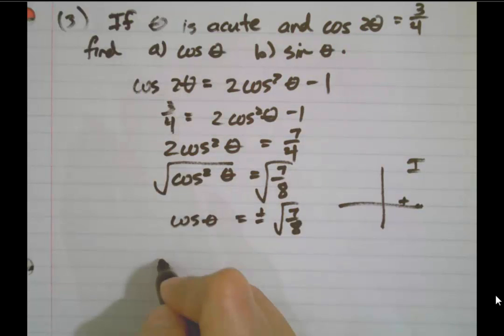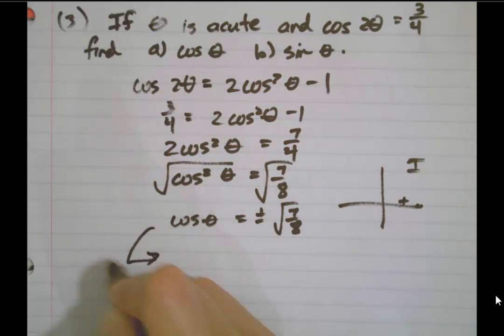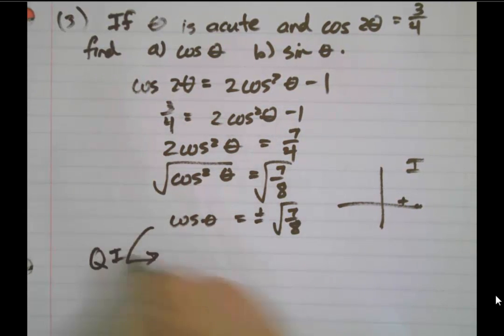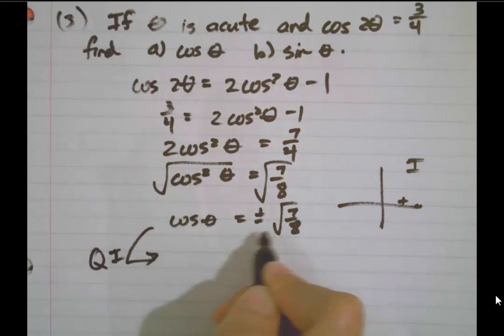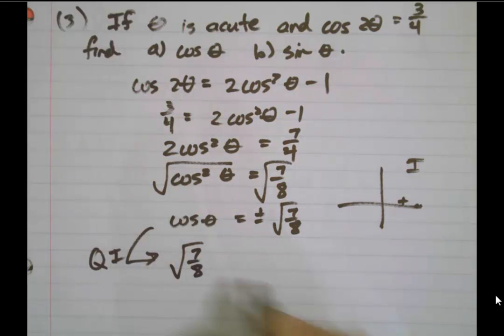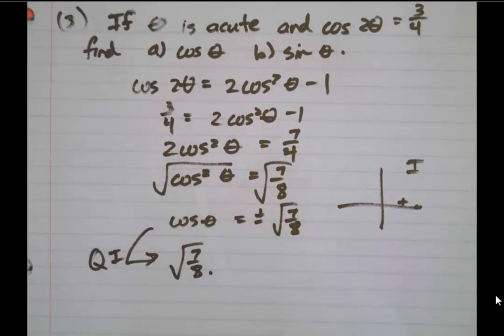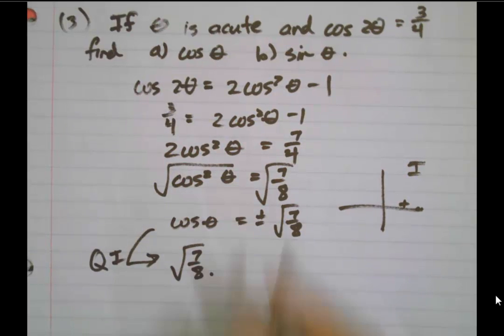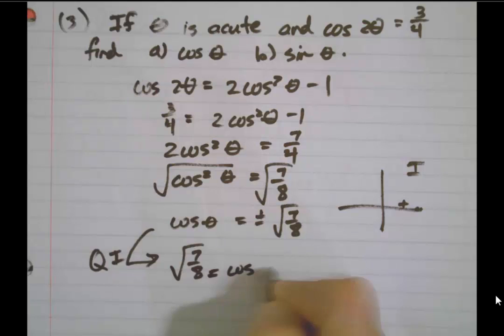You have to give the reason why you pick the root that you do, either the positive or the negative. So this is going to be a positive square root of 7/8, which is our cosine theta.